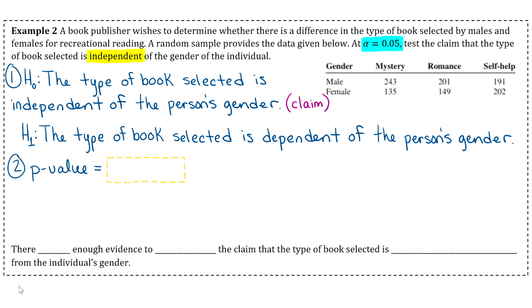And then step 2, I'm going to let you guys get the p-value so you can practice with your calculator. I'll just talk you through what you want to do. You're going to go second, x to the -1, go to edit, select enter on the first matrix A there, and then if you did the previous example, your size will be correct already because this is also a 2 by 3.